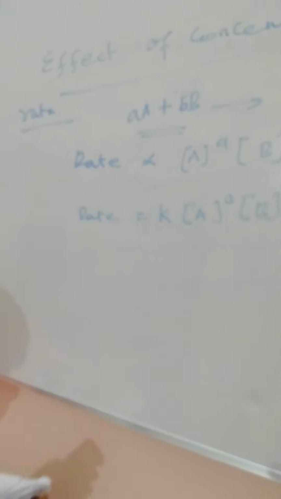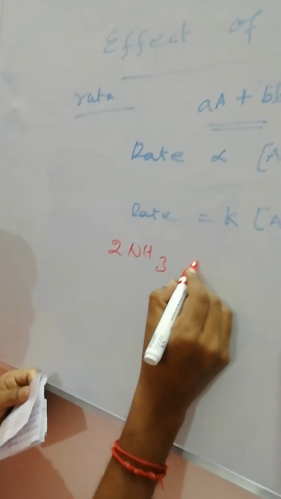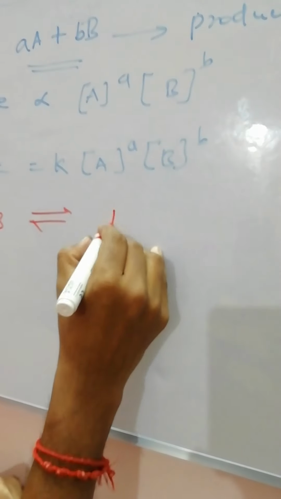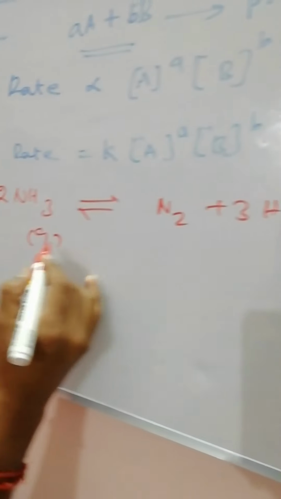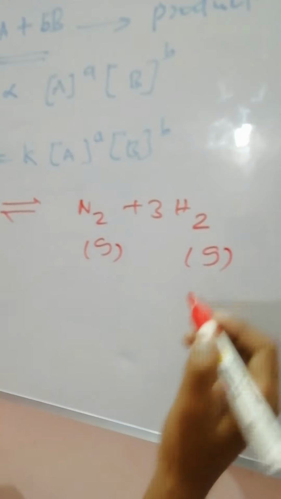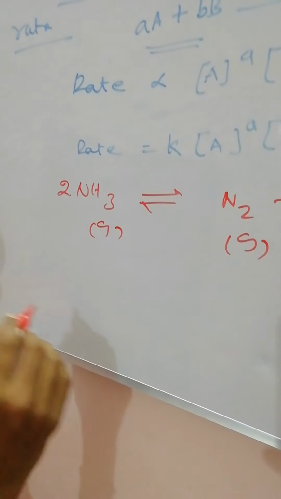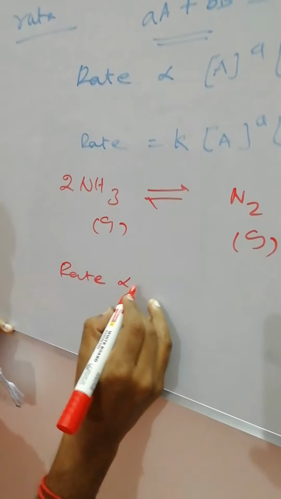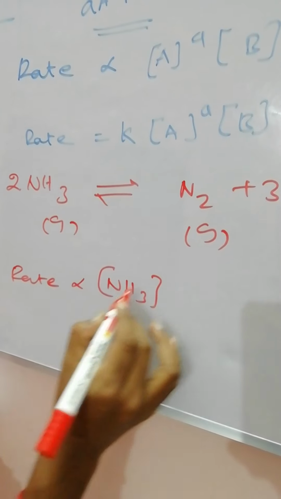Let us see one example for this: 2NH3 gives N2 plus 3H2, the decomposition of ammonia gas. In this reaction we have to write the rate. Rate is directly proportional to concentration of NH3 power 2.